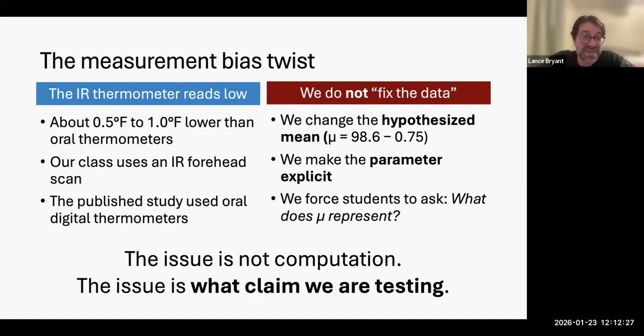And the reason why I did that, my thinking was I wanted them to really think about their data and what claim they were trying to test against. Since they had this data that needed this kind of correction, I had them correct the thing they were trying to use as the claim. I thought that would get them to think about mu being not just a number in a formula, but that number has meaning.